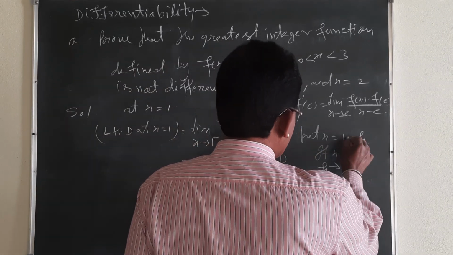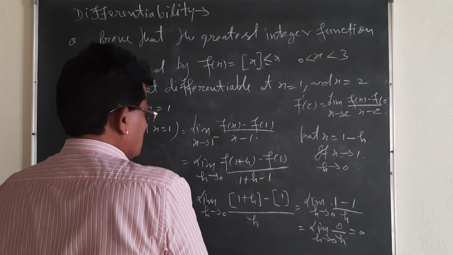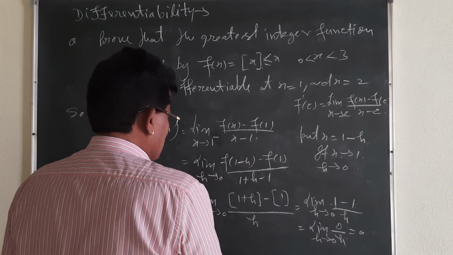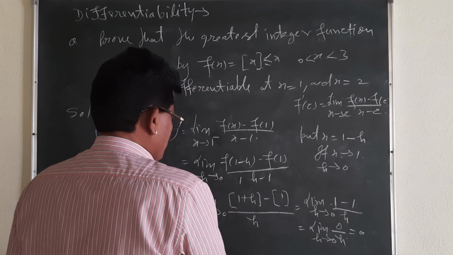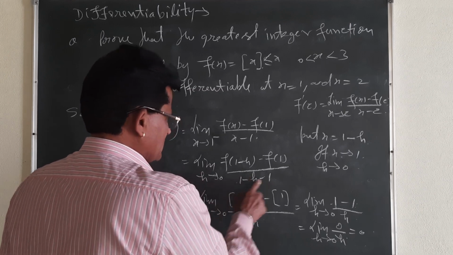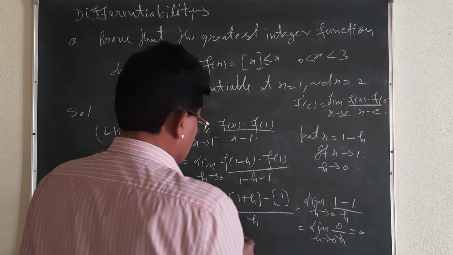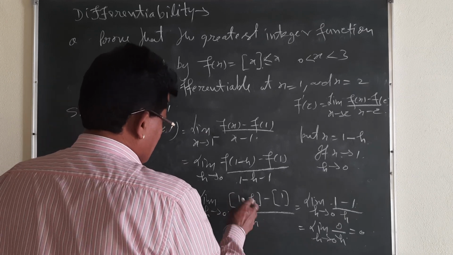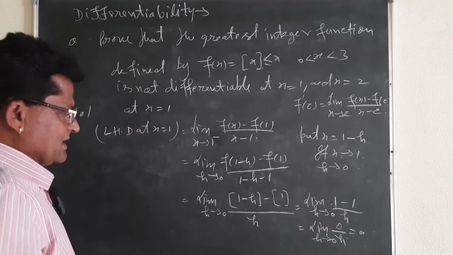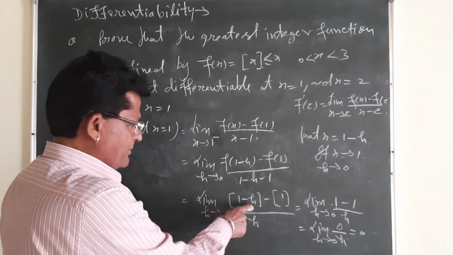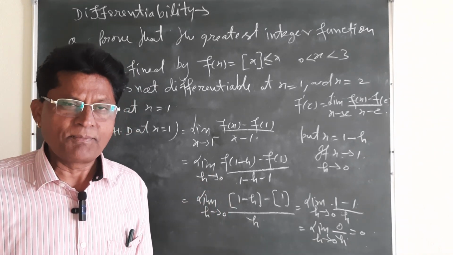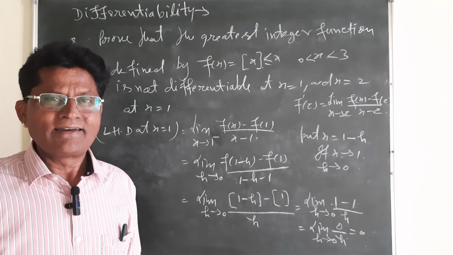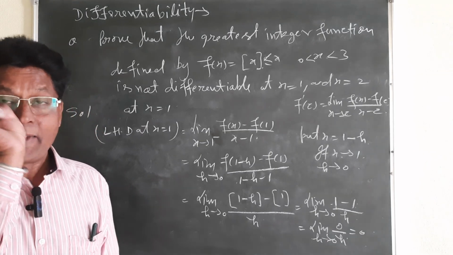See carefully, the rest will remain as it is. You see how simple it is. Minus, here will also be negative. 1 will be cancelled by 1. Similar kind of thing, here also you take the negative sign. And my dear student, you see 1 minus h, that is very small, but you will have to subtract from 1. And what will be the integer value then?